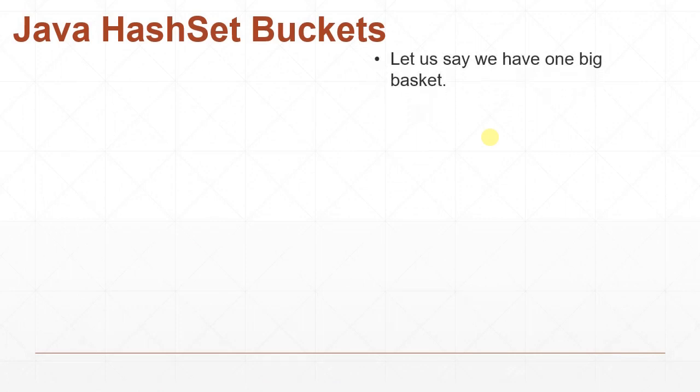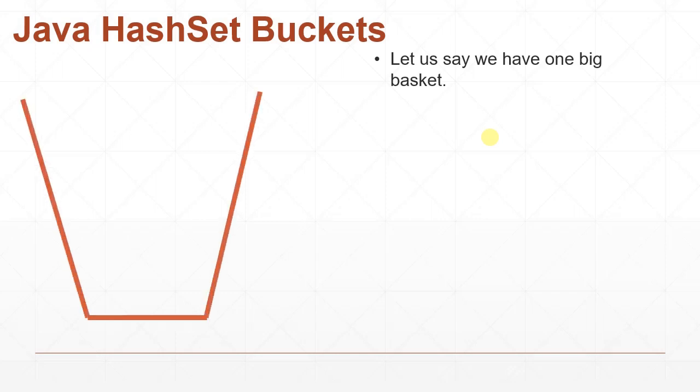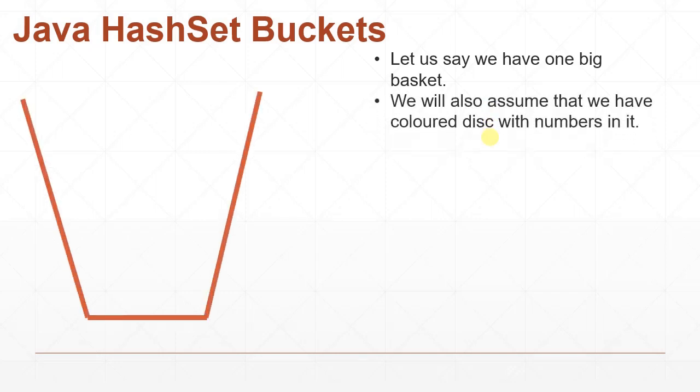Let us say we have one big basket. We also assume that we have colored disks with numbers in them. Here is a green disk with the number 6 in it.